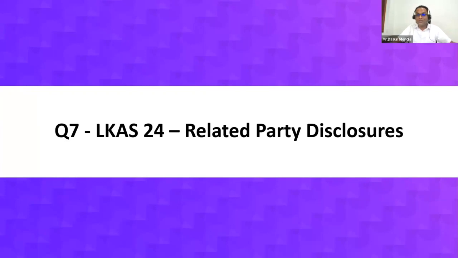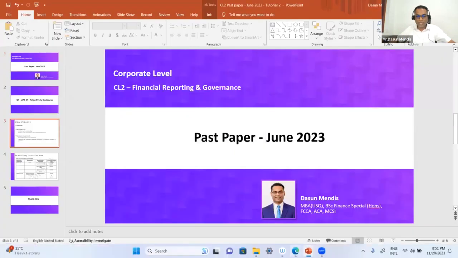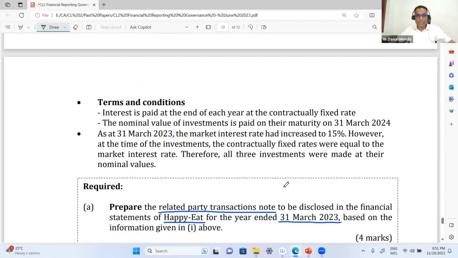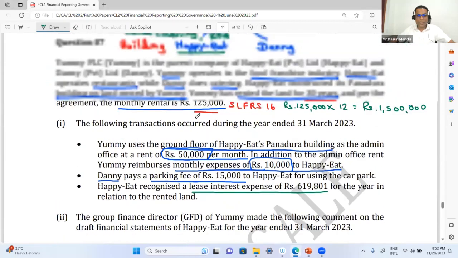Then what do you need to disclose in the disclosure note? You need to identify and disclose the related party relationships from the perspective of the reporting entity. In this question, what is our entity? We have to answer from the point of view of Happy Eat.